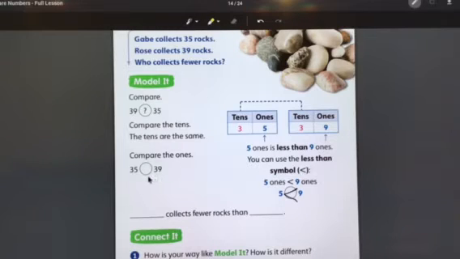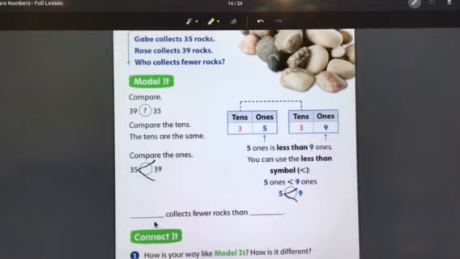Which way is your symbol going to go? 35 is less than 39, or 35 is greater than 39? Well, we know from this picture and this down here that 35 is less than, and your arrow should be looking that way. 35 is less than 39.